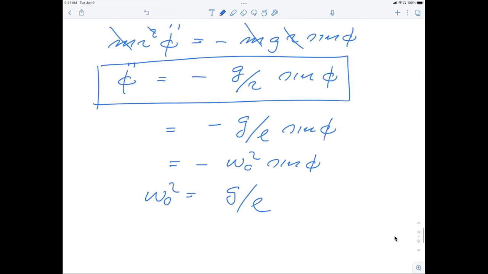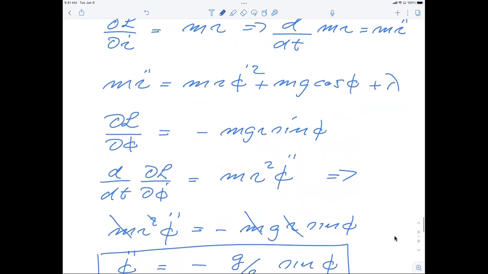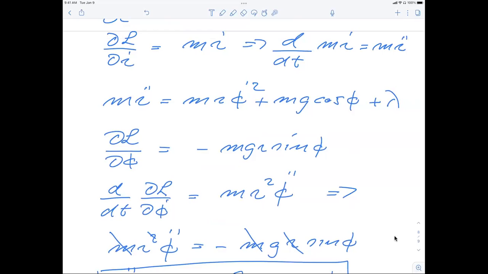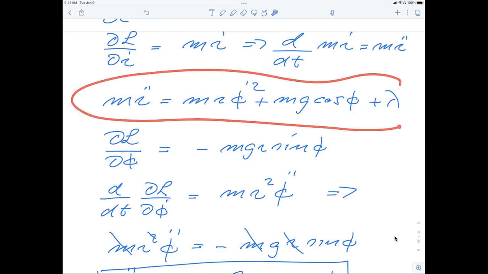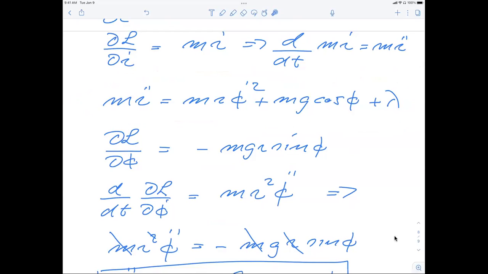Now, if you go back to the equations for the radial velocity and the radial acceleration here, if you look at the left-hand side, can you say something about it?